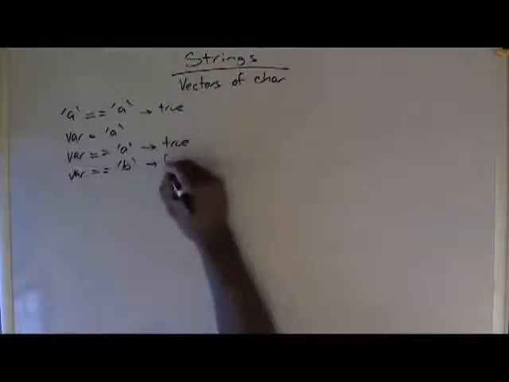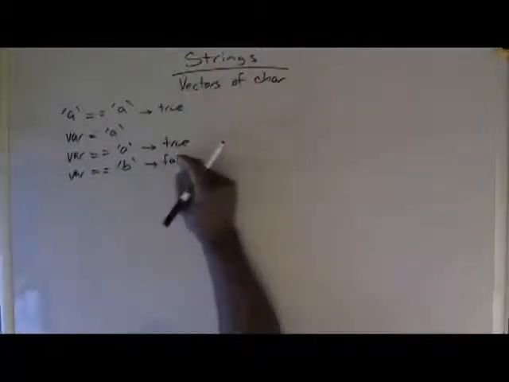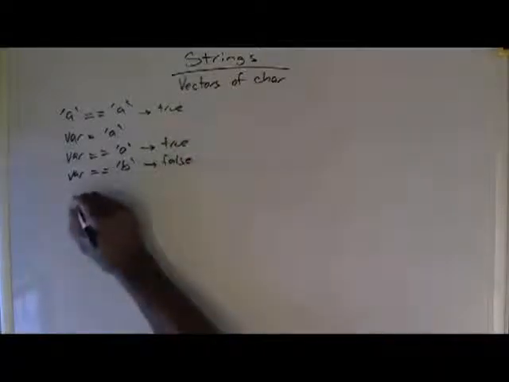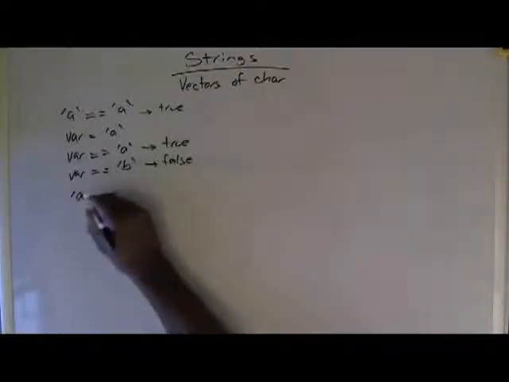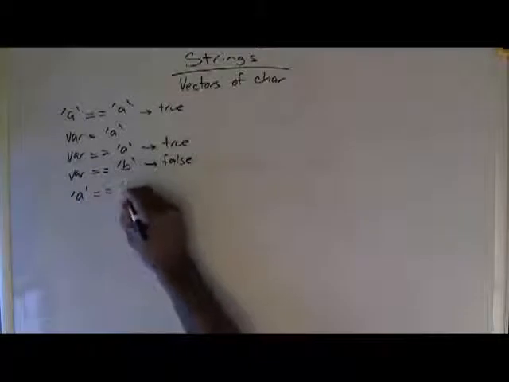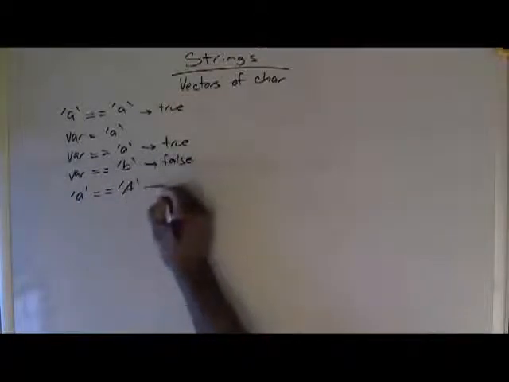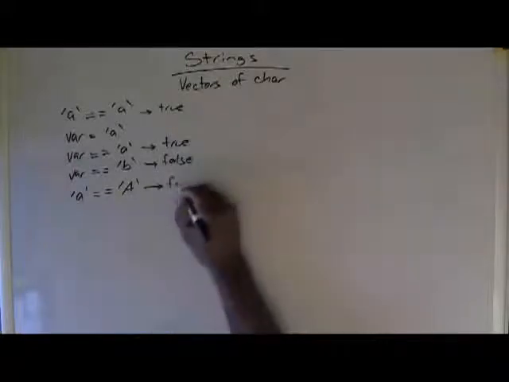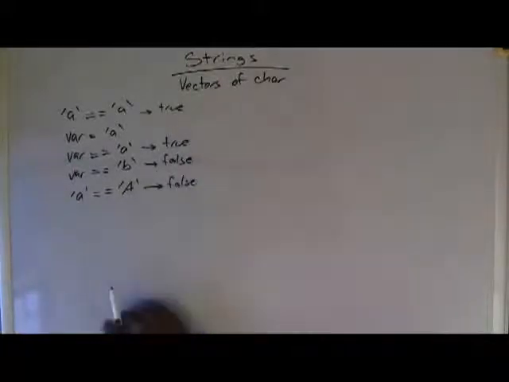That, of course, is going to be false. Okay? Likewise, I could say, well, does A equal capital A? Well, we know that there's case sensitivity here, so A is not equal to capital A, so that would be false.